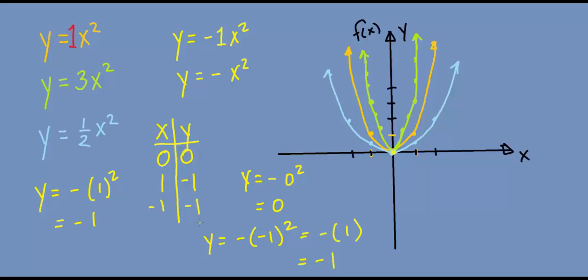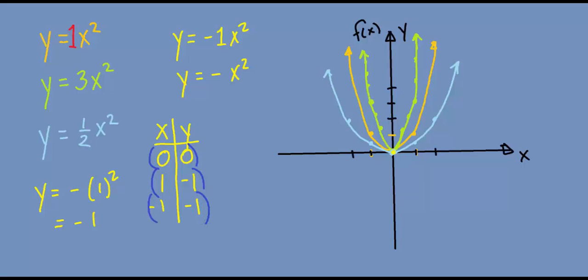All right, let's throw this over on the graph. Again, we've got 3 points to plot, 0, 0, 1, -1, -1, -1. So that's 0, 0 right there, 1, -1, and -1, -1. So the parabola just flips down. And that might have been what you expected. The negative just flips the parabola vertically.